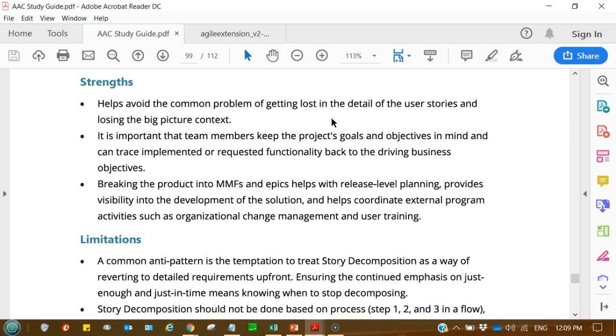You'll be mindful of what level of detail you're supposed to be at at what particular point in time. It helps you to keep the higher level objectives in mind. If you're not drilling down into things too early, then the likelihood is that you can keep the project goals and objectives in mind.